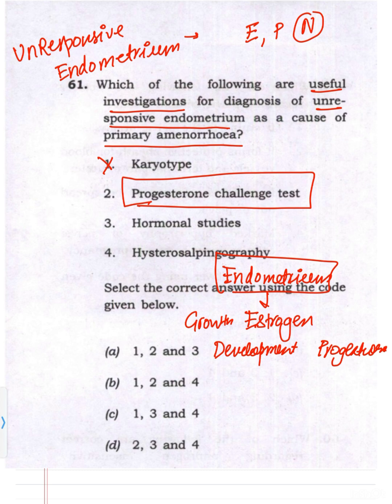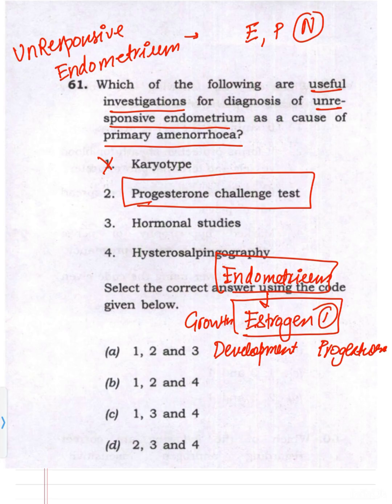So both are required. But if estrogen is not present in the very first place, progesterone will not be able to act on the endometrium, because growth is the primary responsibility of estrogen. So if there is no estrogen, progesterone has nowhere to act.